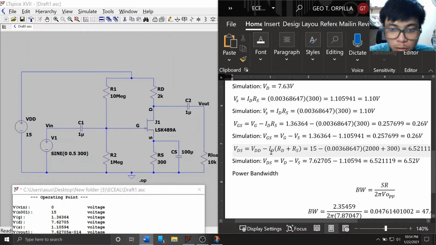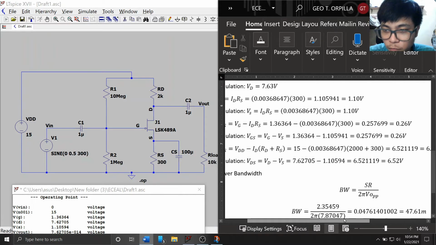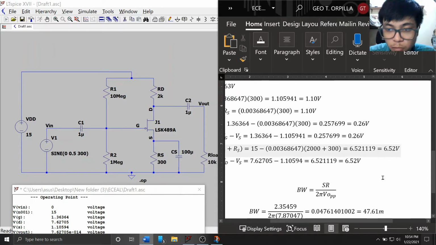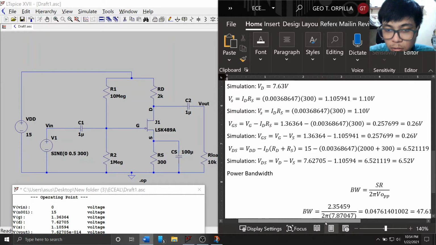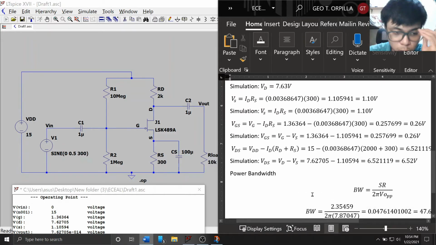For VDS, we have VDD minus ID multiplied by RD plus RS, and when rounded off, we have 6.52 volts. In the simulation, we subtract VS from VD, which gives us the same answer.